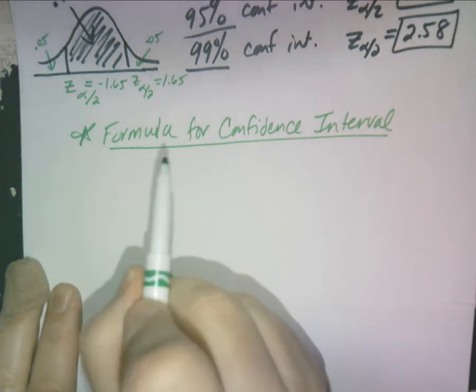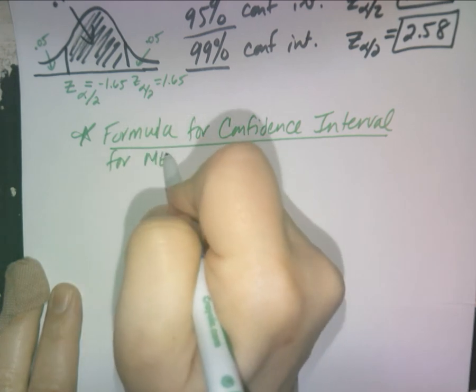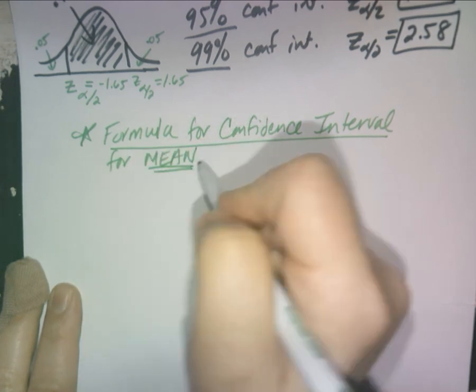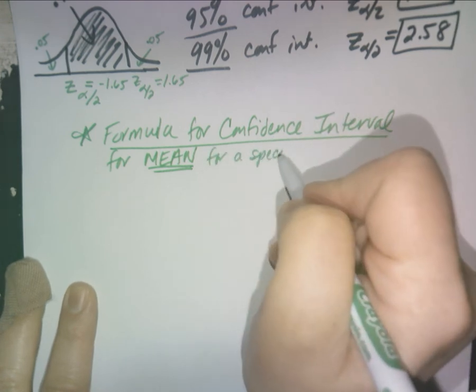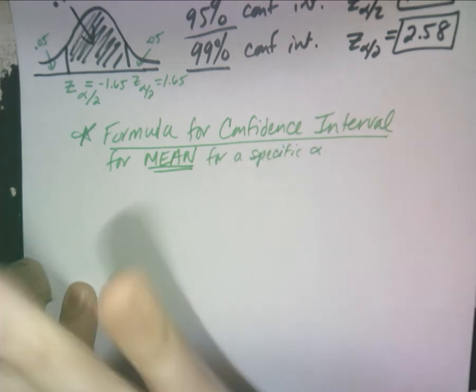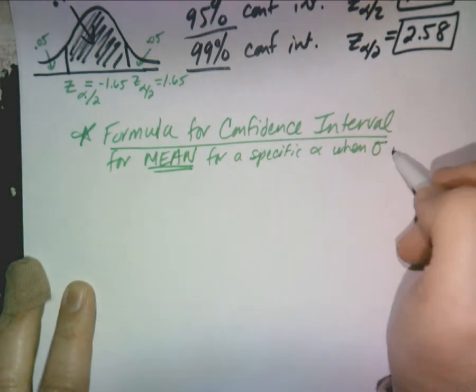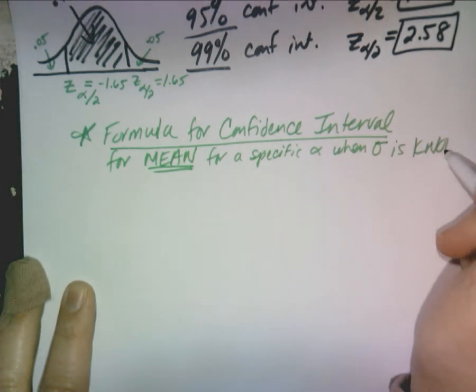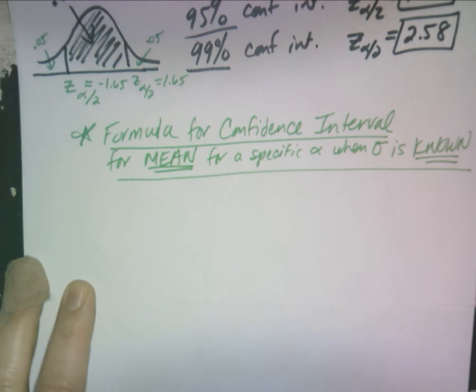All right. This is the formula for a confidence interval for a mean. This is important. For a specific alpha. That's what they're just calling it. Don't worry about that. When sigma is known. Okay. What a crazy long title. But that's the title of it.